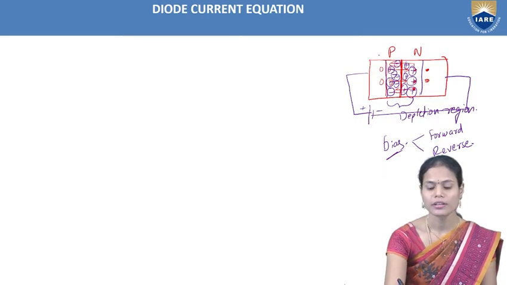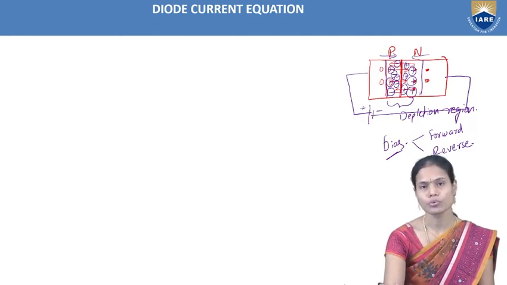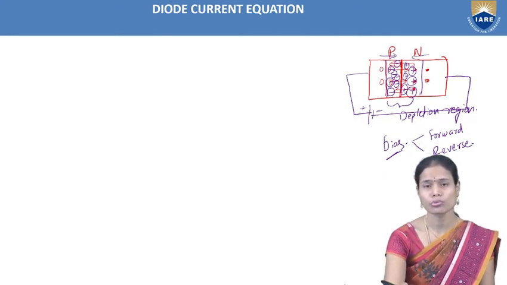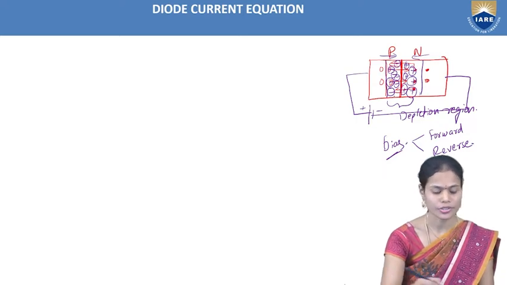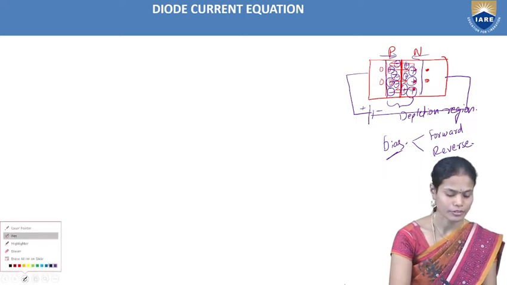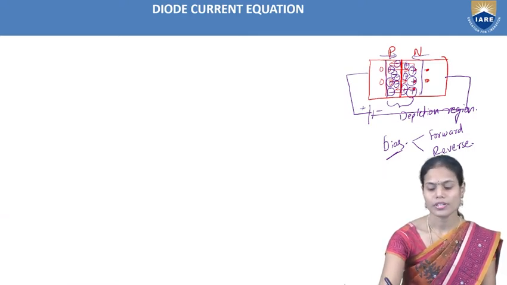That is, these charge carriers move in this direction and the electrons also move in this direction. Both the electrons and holes move towards the depletion region. Because of this movement or force, the charge carriers are diffused into the depletion region, and those are recombining here.